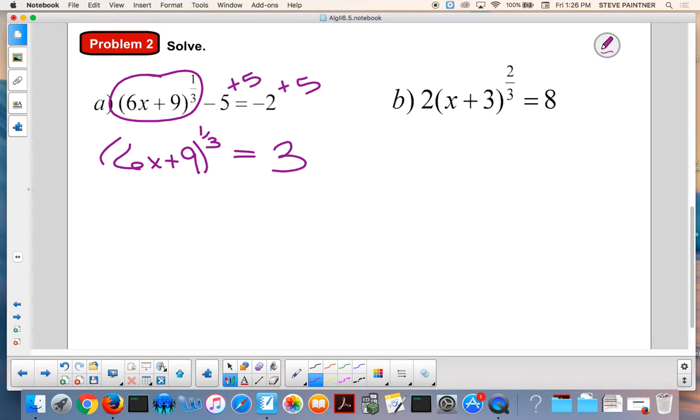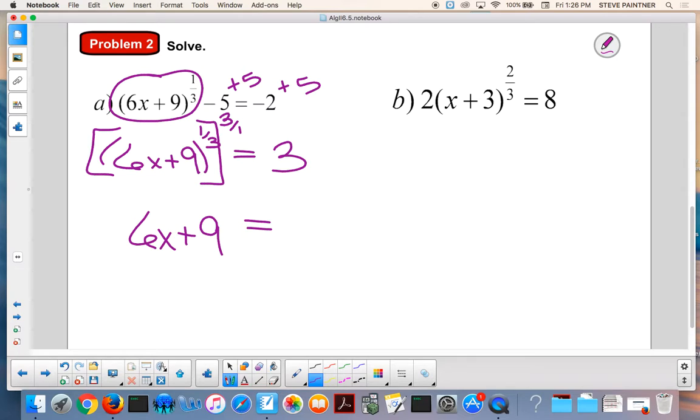Now this is what I'm trying to teach you today. The exponent can disappear if you just raise it to the power 3. Yeah, and 3 is called the reciprocal. The reciprocal of your exponent is the answer every time. 1/3 of 3, multiply, you get 6x plus 9 to the first.